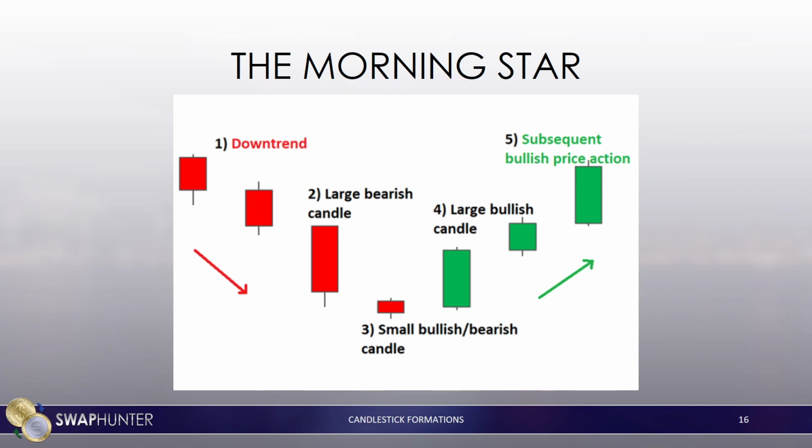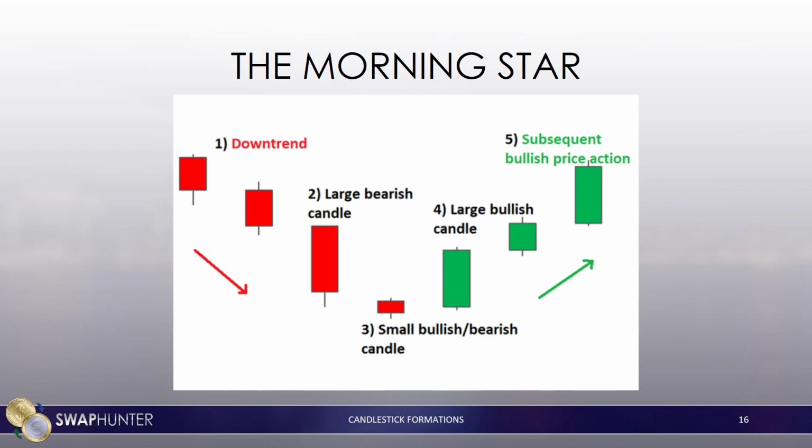It's also known as the Morning Star Doji. It's worth mentioning at this stage that there are 5 different types of doji candles, which I could cover in another webinar. They're very interesting candlesticks.